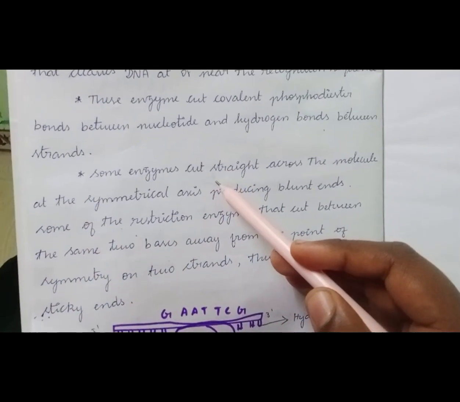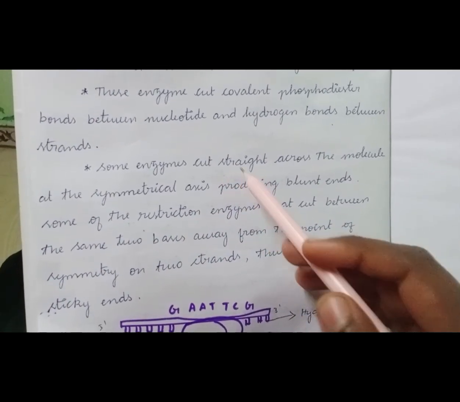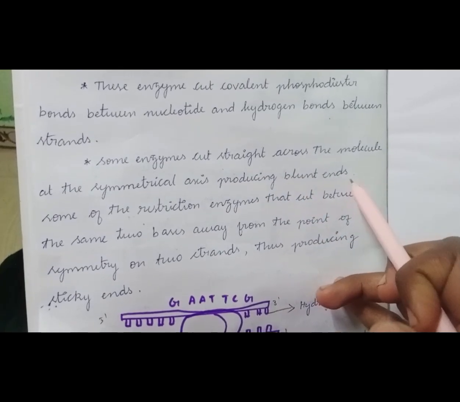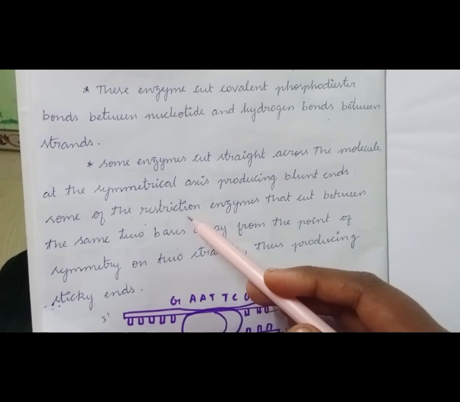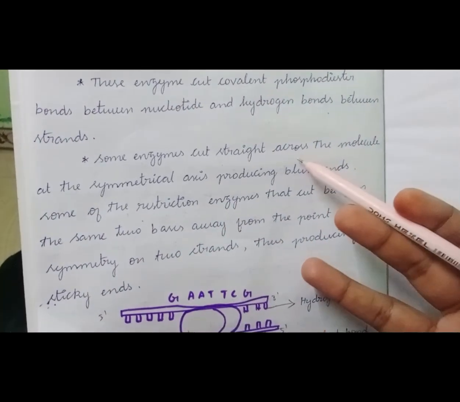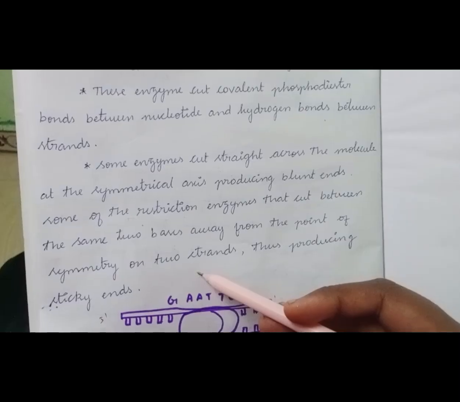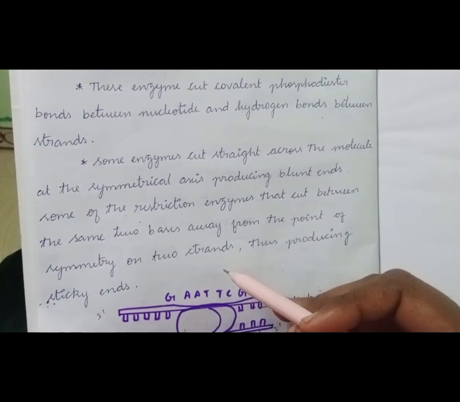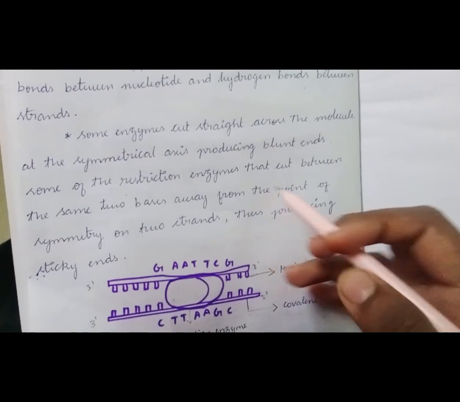Some restriction enzymes cut straight across the molecule at the axis of symmetry, producing blunt ends. Some cut between the same two bases but away from the point of symmetry on the two strands, producing sticky ends. Let's see what blunt ends and sticky ends mean with an example.